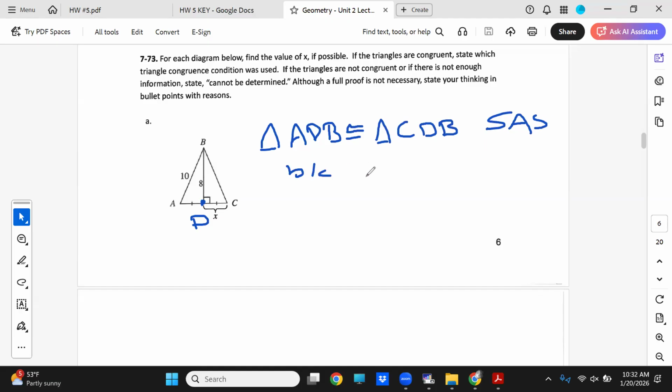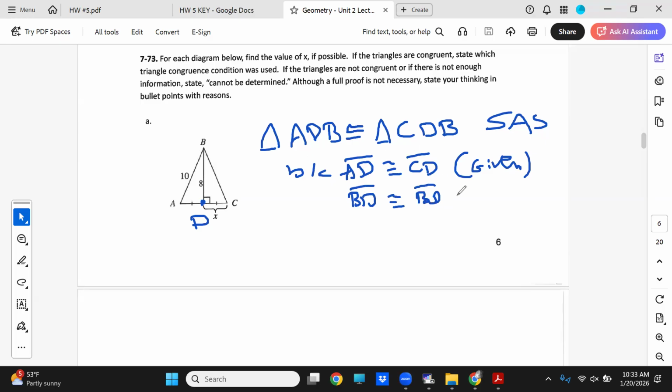And why? What's true about AD and DC? Yeah, because they show that by the markings, right? That was given. BD equals BD. Why is that?